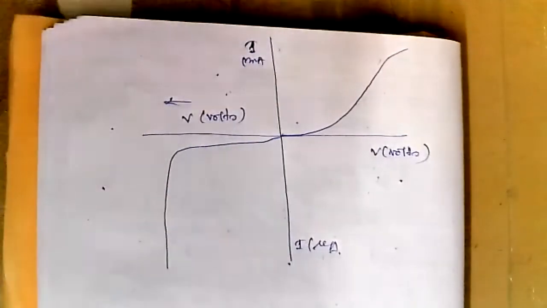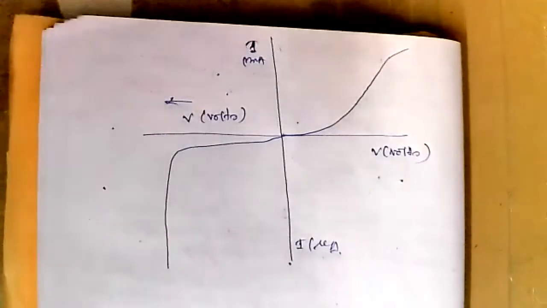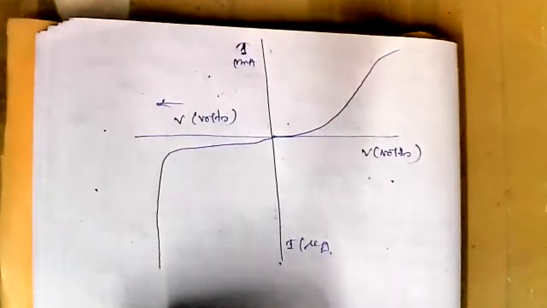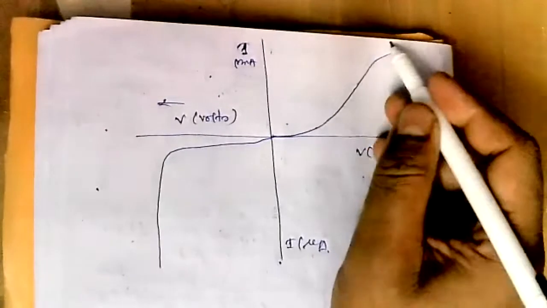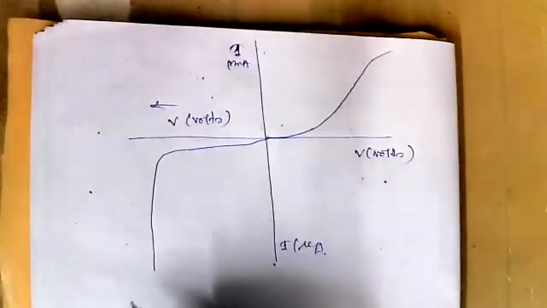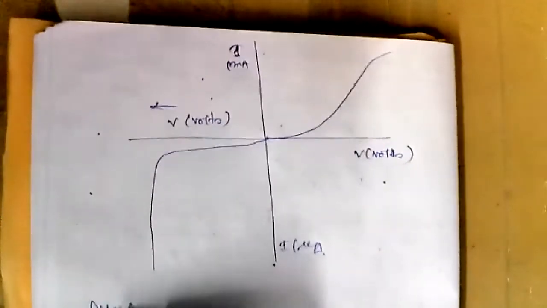Now, the resistance of the PN junction diode is known as dynamic resistance. Why is it dynamic? Because at different points, resistance is different. So it is changing dynamically.